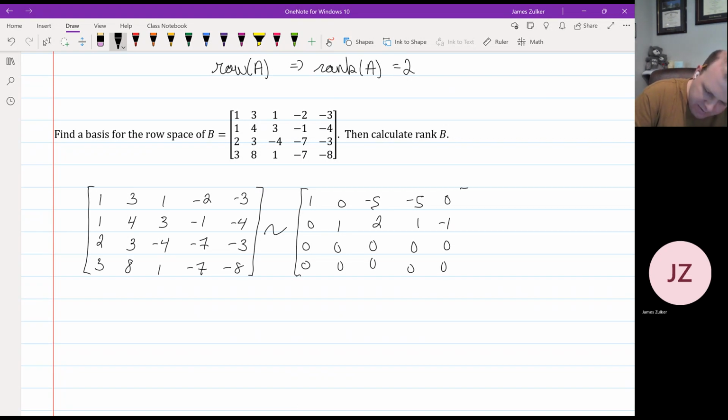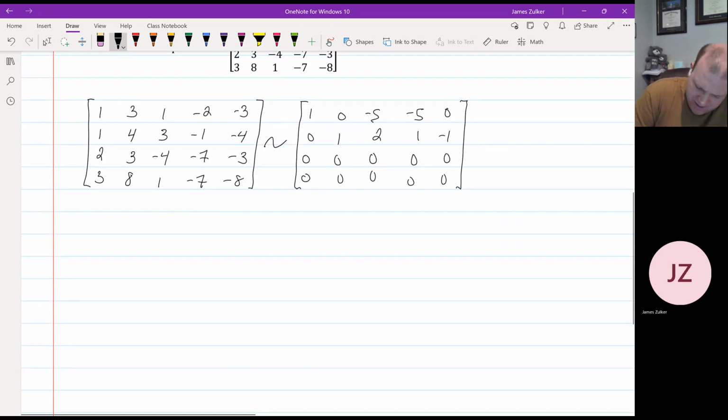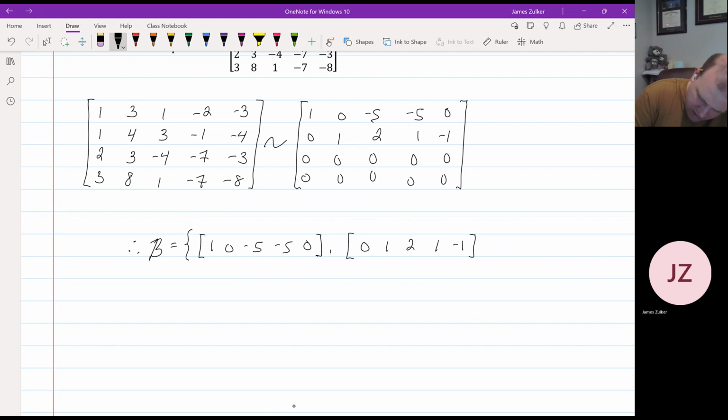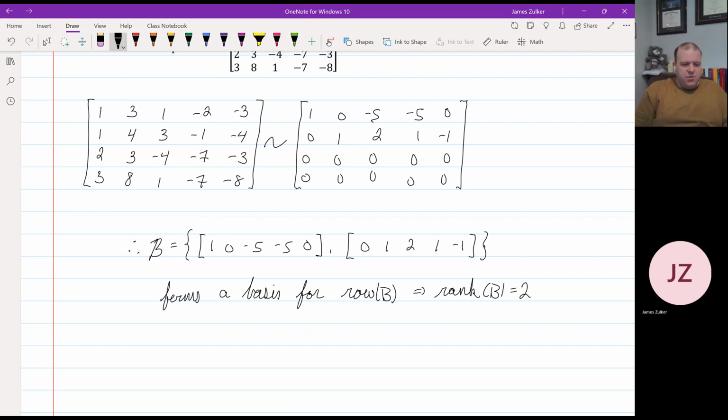Once again, the non-zero rows will form a basis. Again, let's call it the row space of B, which of course means that the rank of B is the dimension of the row space, and hence the rank is 2.